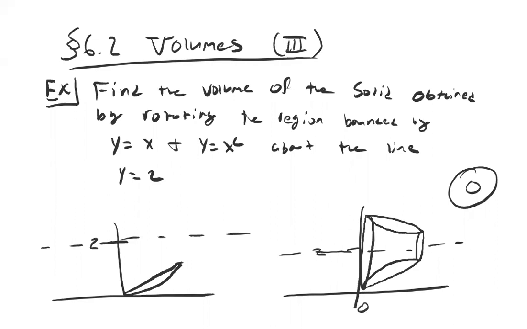We know that this goes between 0 and 1 here, but now the problem is I need to figure out what my big radius and my little radius are. I need to figure out what this distance is and what this distance is.